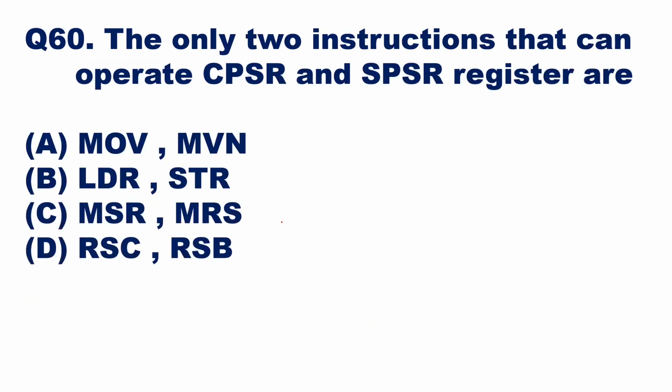The only two instructions that can operate on CPSR, that is the current program status register, and SPSR, that is the saved program status register, are.